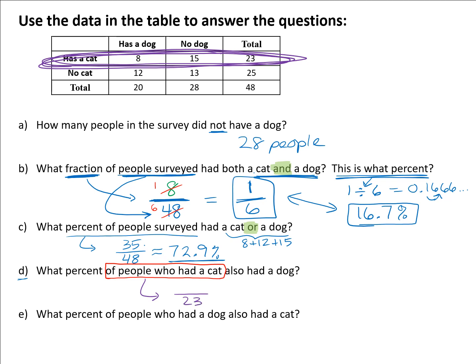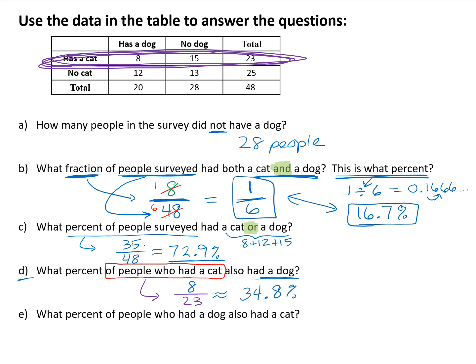And then we want to know how many of those people had a dog. If we only look at the people who had a cat, 8 of them had a dog. So that would be a fraction of 8 over 23. To make that into a percent, we divide 8 divided by 23 and then multiply by 100%, which gives us 34.8% when you round.